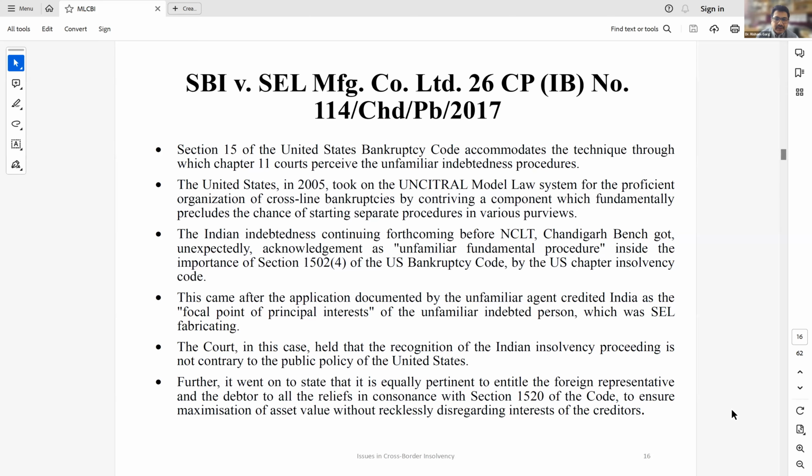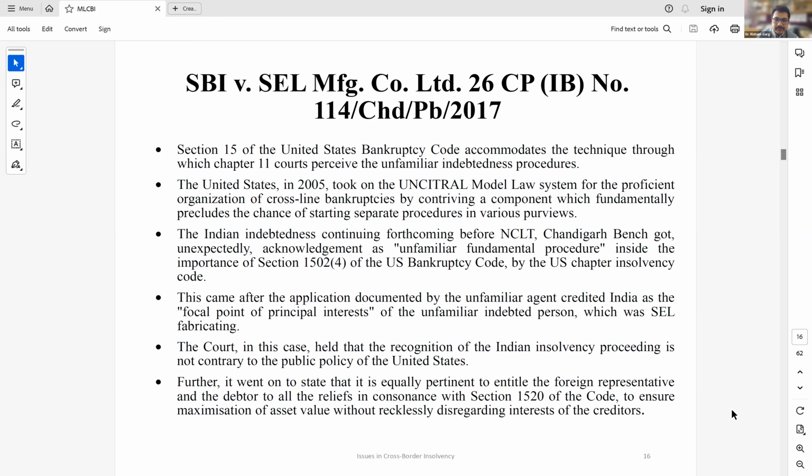So the Indian insolvency proceeding pending before the NCLT Chandigarh bench was acknowledged as a foreign main proceeding within the meaning of Section 1502, subsection 4 of the US Bankruptcy Code.